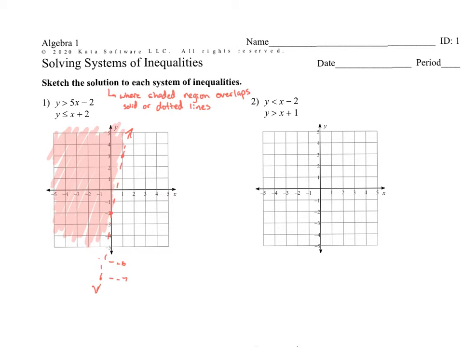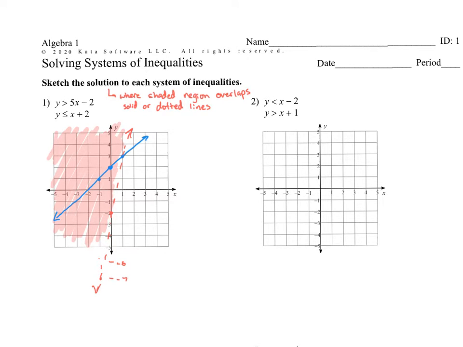Next, let's graph the next one. So we have y is less than or equal to x plus 2. So I have x plus 2 up here. Less than or equal to means we have a solid line. So up 1 over 1. And here is my blue line.